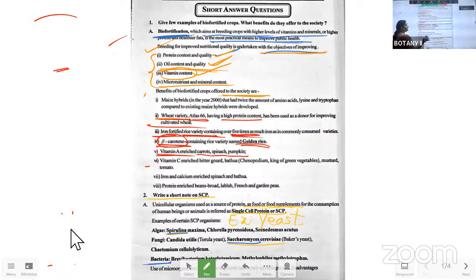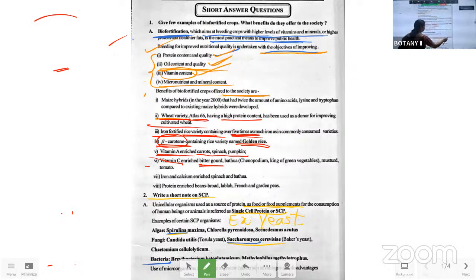Okay. Next one, vitamin C. Nowadays, in these 3 years during corona, we are hearing that vitamin C increases immunity. The same thing again comes over here. It's very easy for us to remember. Vitamin C is enriched in bitter gourd, that you can easily remember and write.